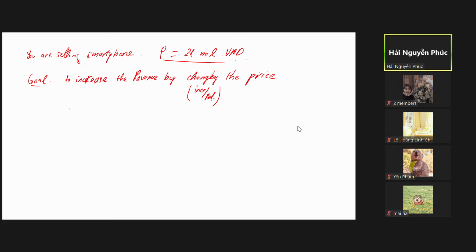So the question is, if you want to increase the revenue by changing the price, I have a question. What kind of information do we need in order to make the decision?